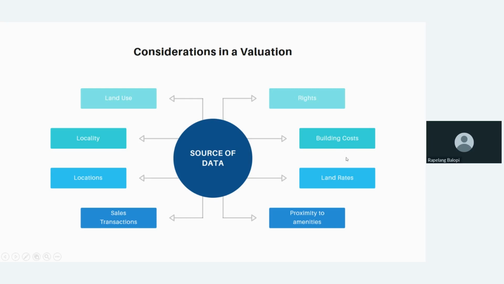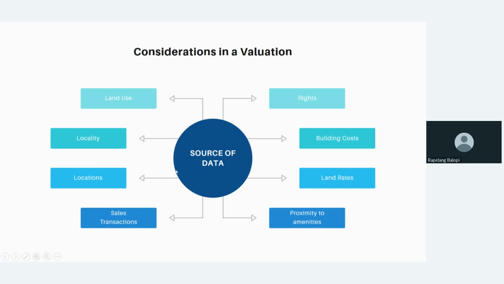There is a consideration of land rates, proximity to amenities, sales transactions for comparable sales, exactly what location it is, looking at the perception that people have towards that particular locality, and the land use, the association of value based on that particular land use.